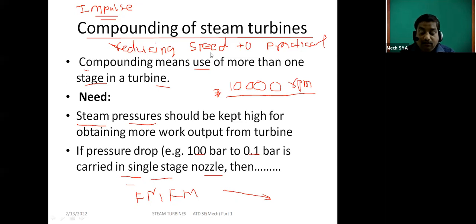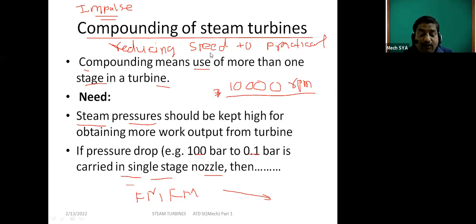What if we do the impulse in only one stage? Then all the pressure energy gets converted into kinetic energy, and as a result the turbine will rotate at a very high speed, maybe 10,000 rpm. But this speed is not suitable for the generator.